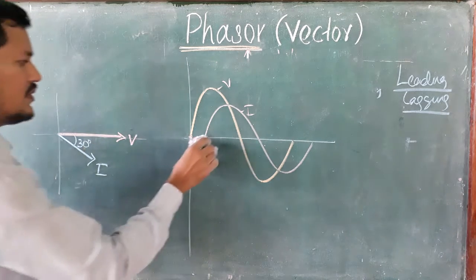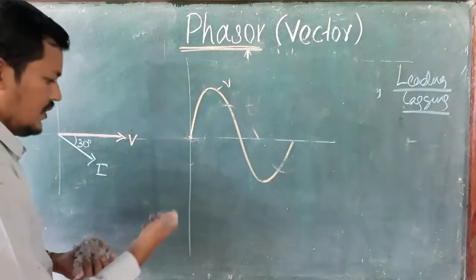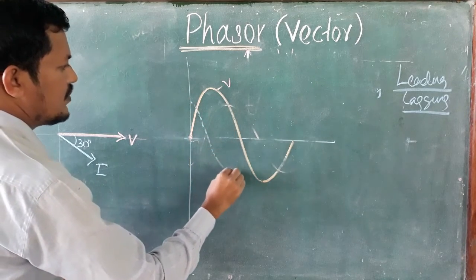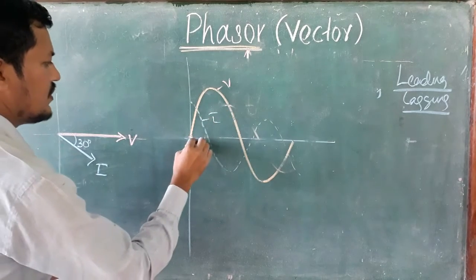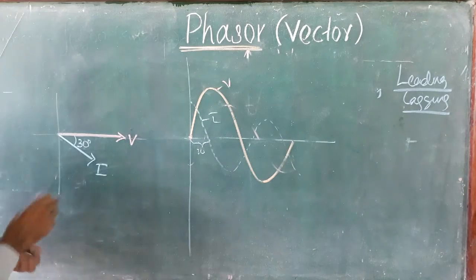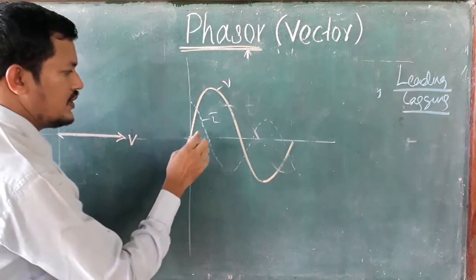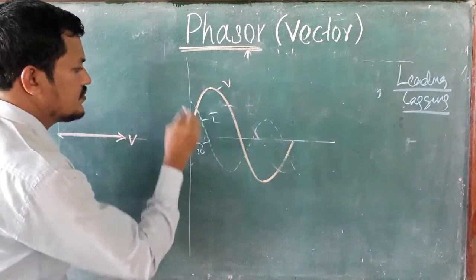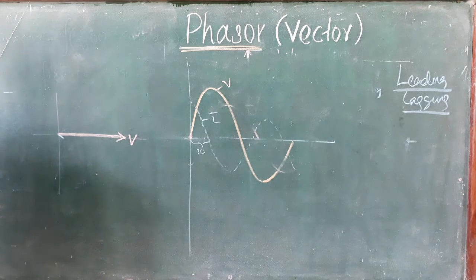Again one more example: suppose leading, what will happen? Suppose the waveform started from above the x-axis, clear. This is now the current. Now again this one is 30 degrees. Our reference is the voltage, which we have drawn here.